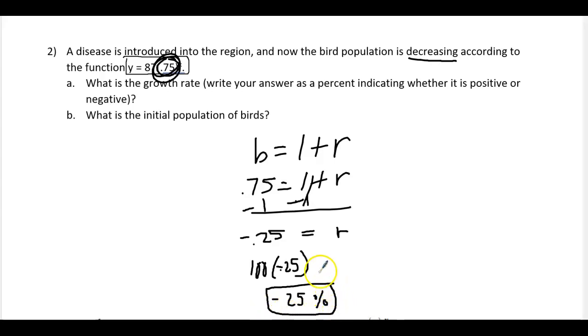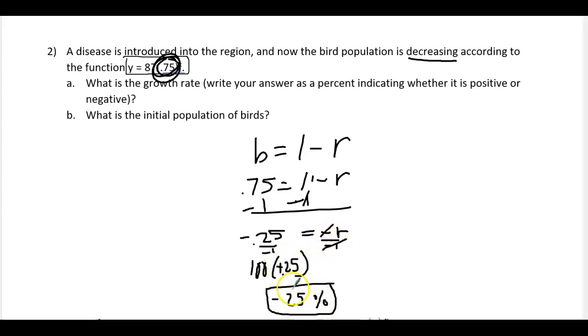Now, let's say that you had chosen to put a minus here instead. If you put a minus here, then what's going to happen is you're going to end up with a minus here, and therefore a negative here, and you'd have to do one extra step where you divide by a -1 to get the r by itself, and you have a positive 25.